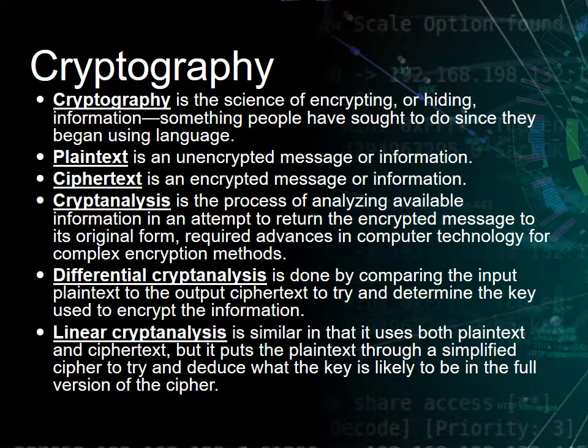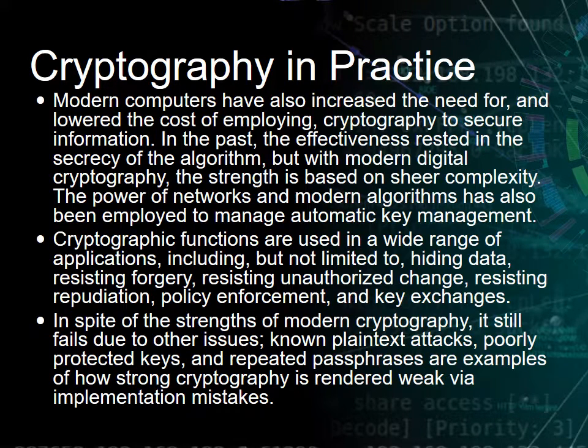Then there's linear cryptanalysis, which is similar but uses both plain text and ciphertext. But it puts the plain text through a simplified cipher to try to deduce what the key is likely to be in the full version of the cipher. So modern computers have increased the need for as well as lowered the cost of employing cryptography for securing information.